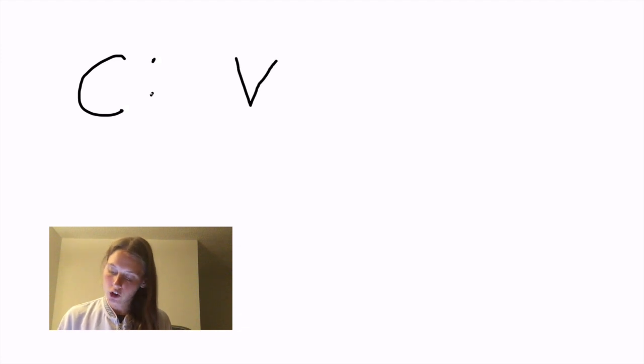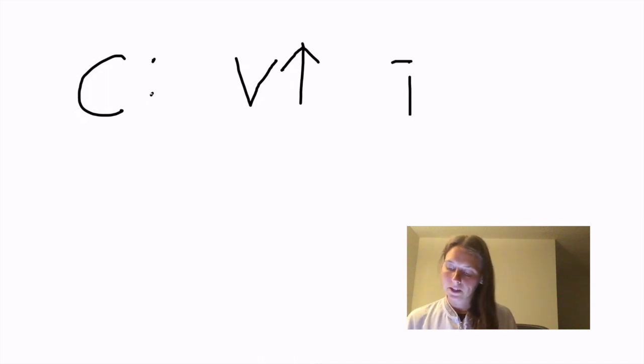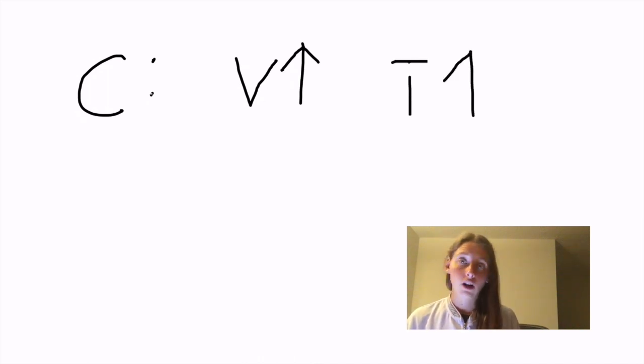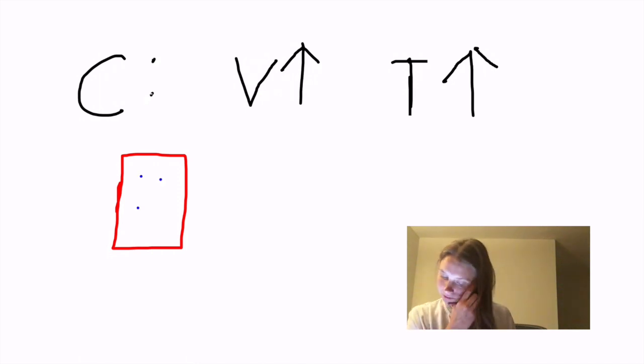Now let's move on to Charles's law. In Charles's law, if volume increases, then the temperature also increases. All right, let's see if that makes sense. Let's say we have a bunch of molecules in a container, and this container is on a heater.